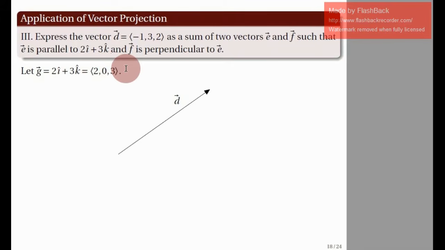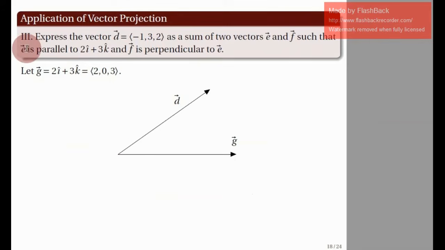Say for example, this was our vector d and this is our vector g. Just a disclaimer that these are not the precise representations for these given vectors, but we are just using this as a guide for us to better visualize what is happening. So going back, say these are our vectors so far.